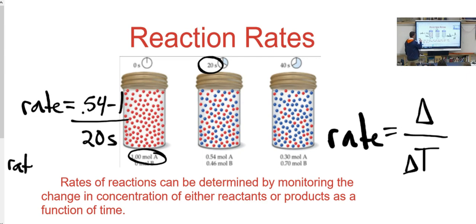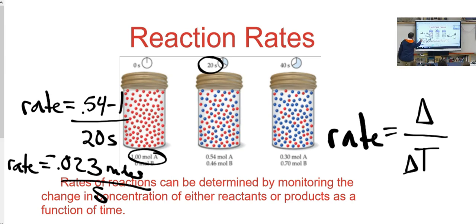So the rate would be equal to negative 0.46 over 20. That's 0.023, and that would be moles per second. Oh, negative, sorry, I didn't put the negative sign. We okay with that?